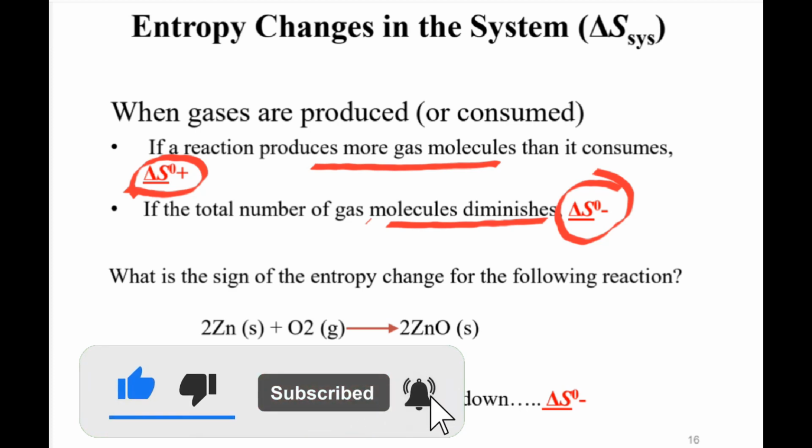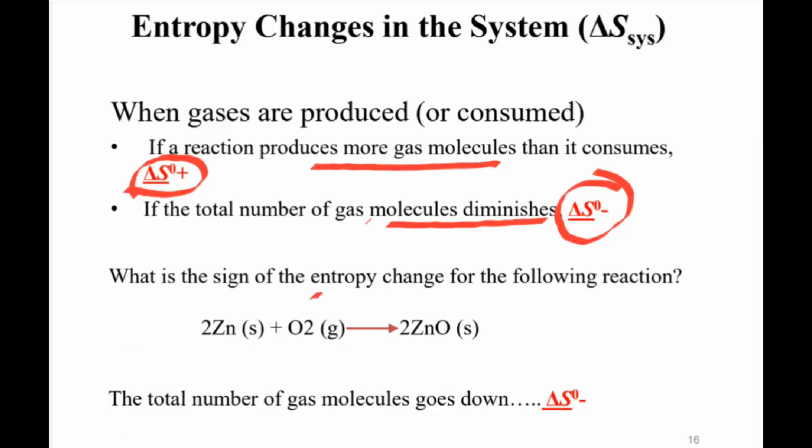Let's consider this example. What is the sign of the entropy change for the following reaction, when zinc reacts with oxygen to produce zinc oxide?